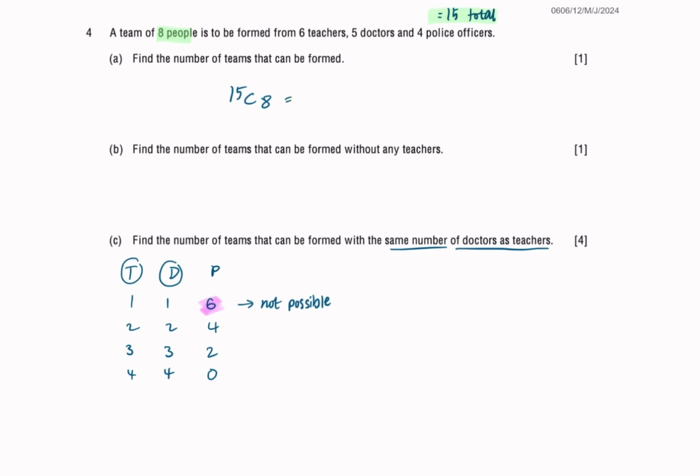So the answer for this will be 6435. Part B, find the number of teams that can be formed without any teachers. So the condition is that there can't be any teachers. And if you look into the question, without any teachers, there will only be 5 doctors and 4 police officers. So the total number of people will be 9.